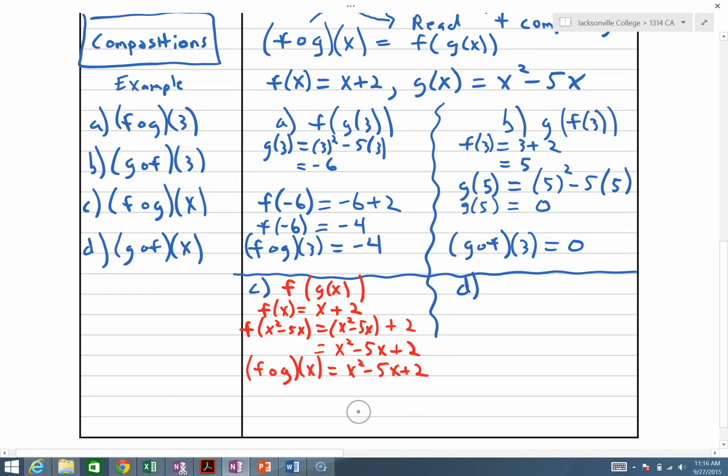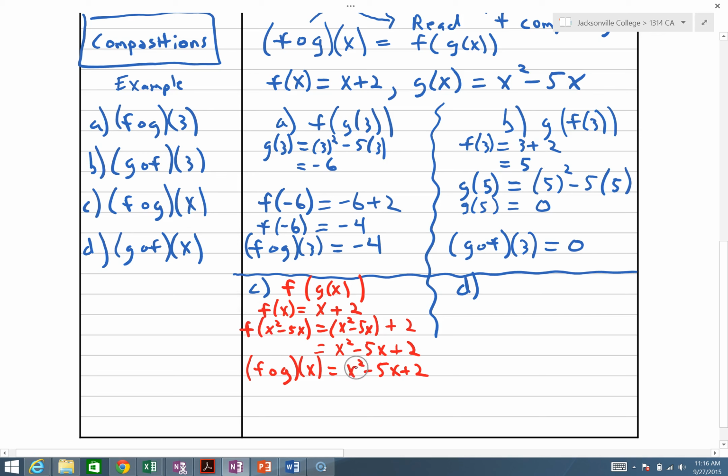All right. So you can see that this is simply taking my G function and substituting in my F. Now we will be able to go back up to this A statement and see this will work out. F of G of 3 should be -4. So let's take 3 and substitute it in here and see if we get -4.